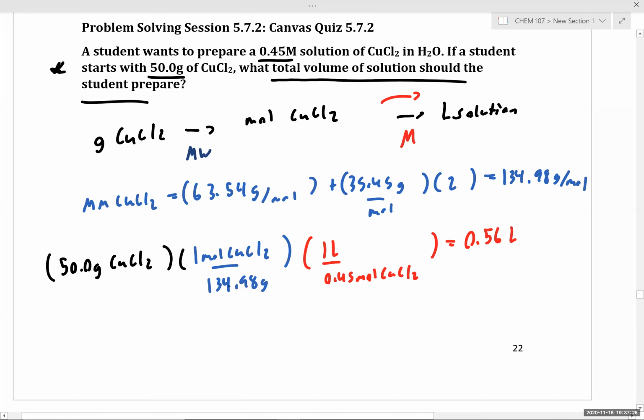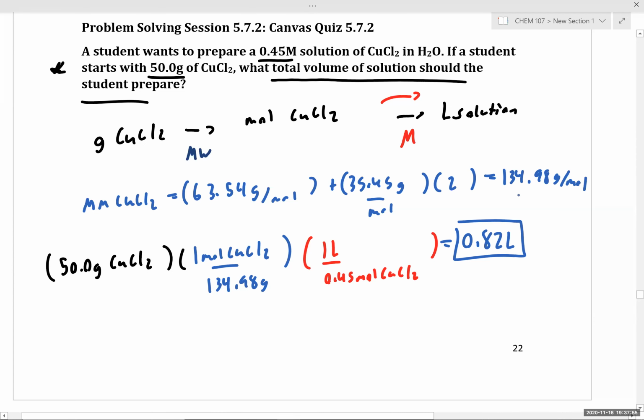So let's punch that in one more time. Yep, so that gives us at the end 0.82 liters. Perfect.